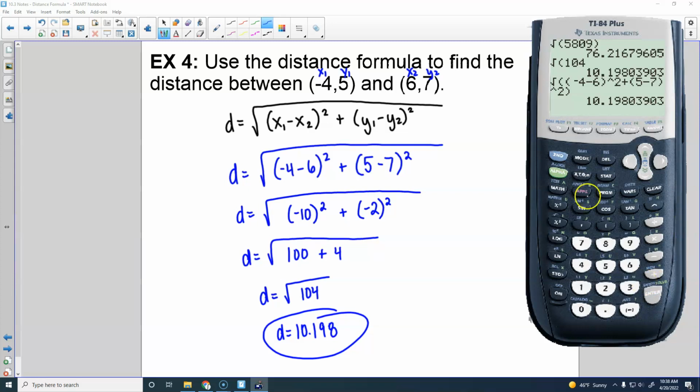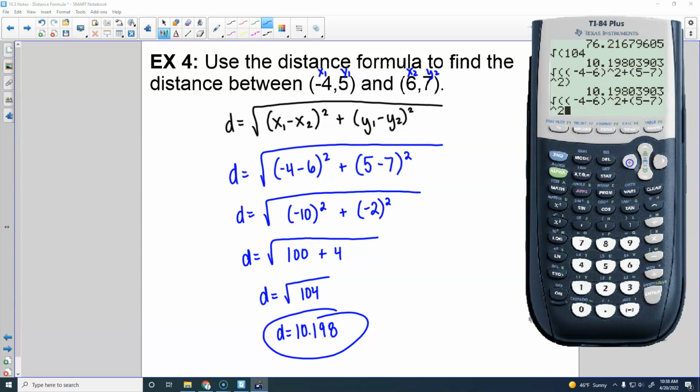Because if you forget to close the parentheses, for example, if I type this in right here and I forgot this parenthesis right here after the 7, I get a totally different answer. So I would be really careful.